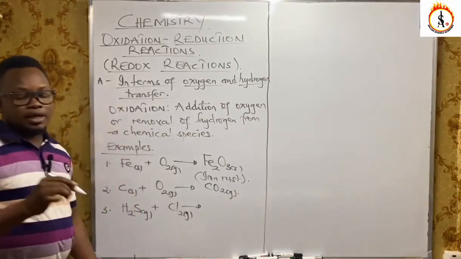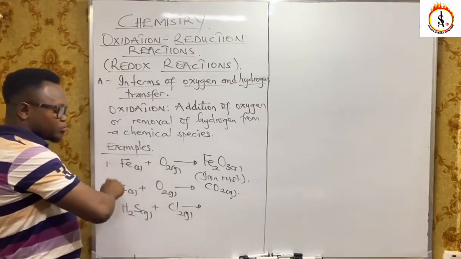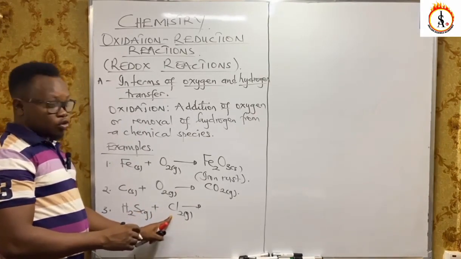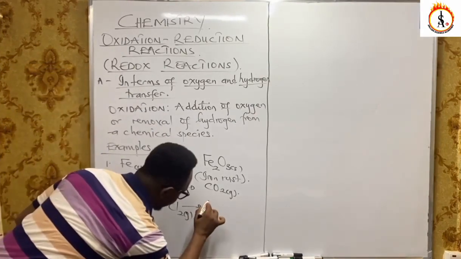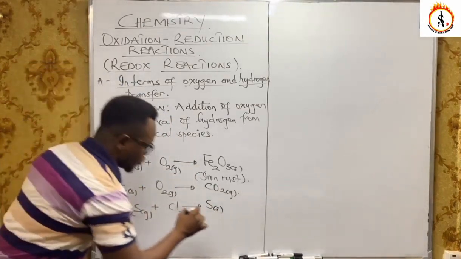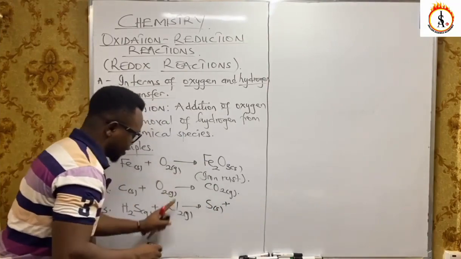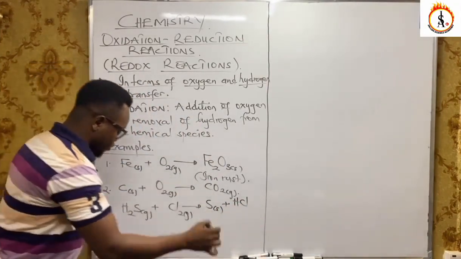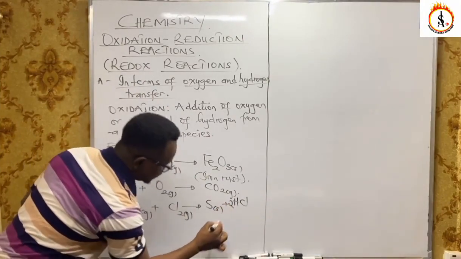So what's going to happen in this case? The hydrogen is going to be chemically removed from the hydrogen sulfide by the chlorine. We are going to get solid sulfur, a yellowish substance, and then the hydrogen reacts with the chlorine to form HCl. We can balance this equation by placing 2 here.